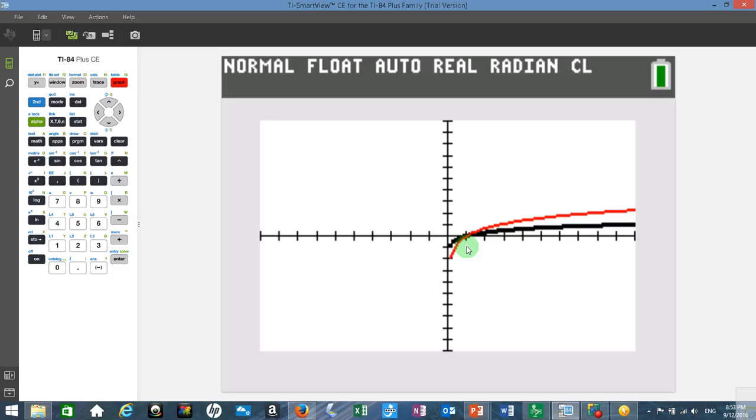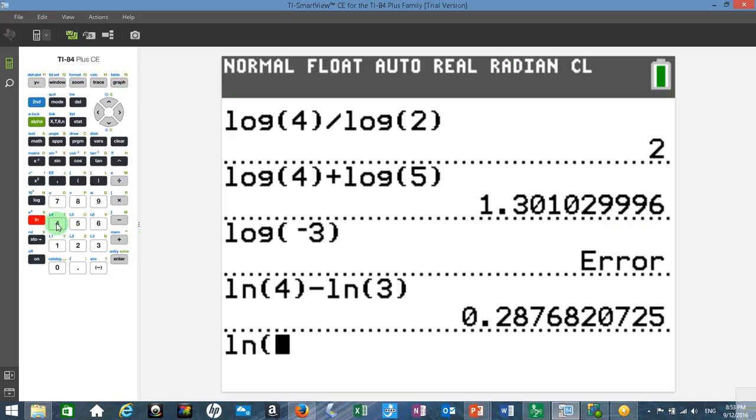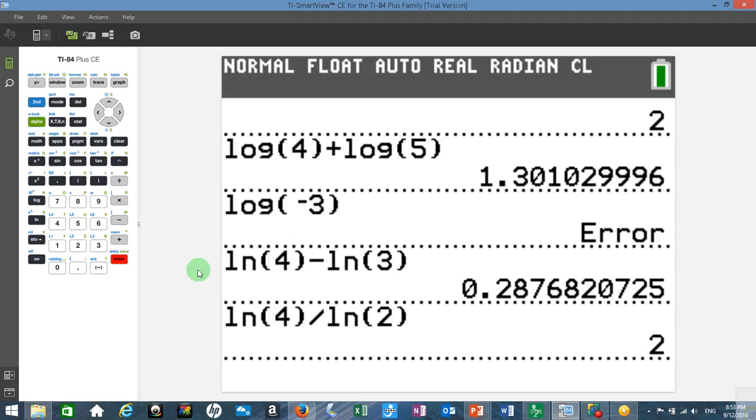Now, the mathematical operations, you will get the same answer. If you take the natural log of this plus the natural log of this, it's going to be the same, and you can do that. The natural log of 4 divided by the natural log of 2 is equal to 2.